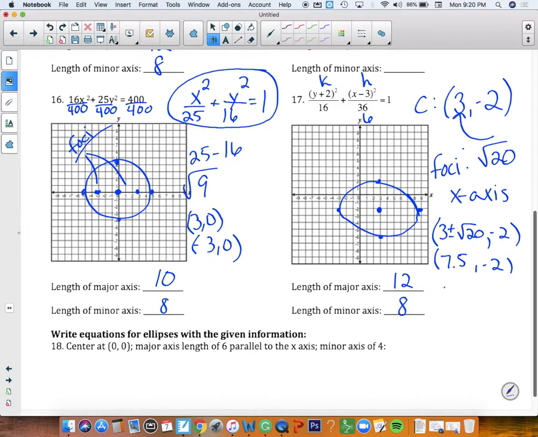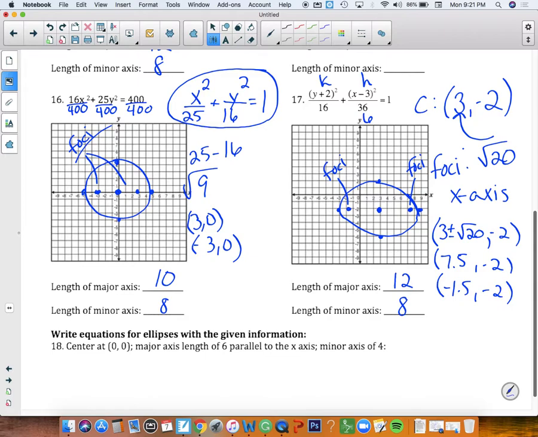You get a negative 1.5, comma, negative 2. So that would be here and here.